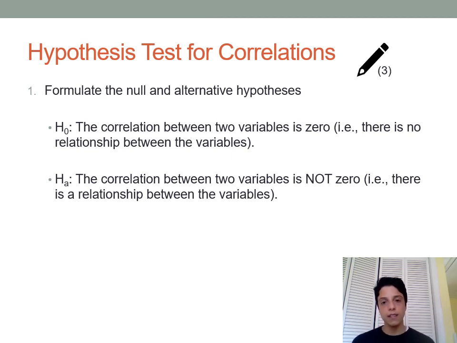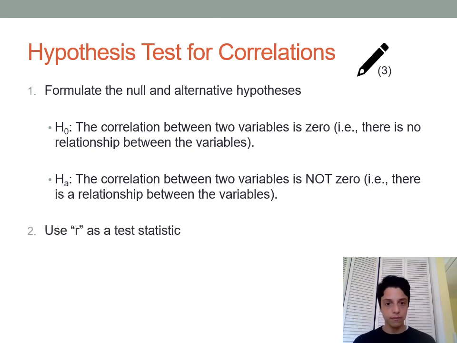Your alternative hypothesis is going to be that there is a correlation between two variables in the population. And so we're going to be using sample data to see if we can rule out that null hypothesis that there is no relationship between two variables in the population. And we do that when we see a stronger correlation between two variables in a sample.